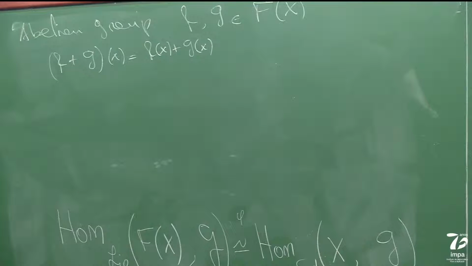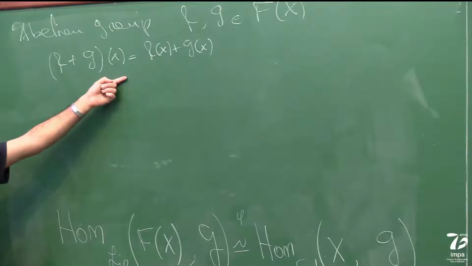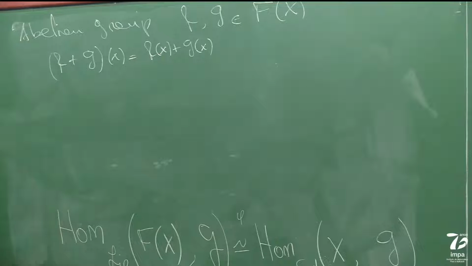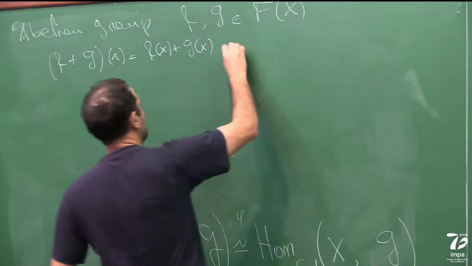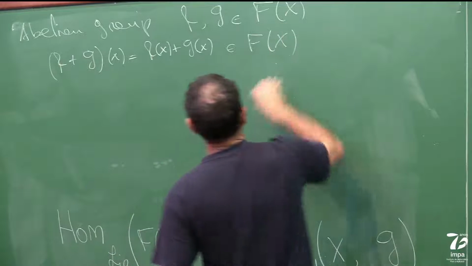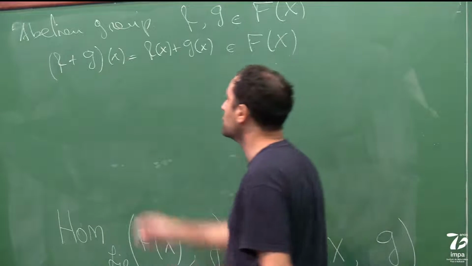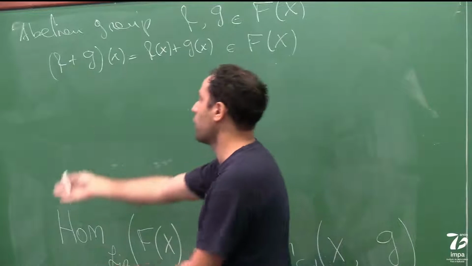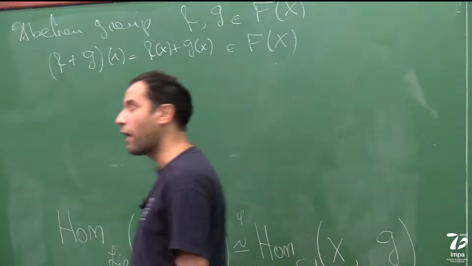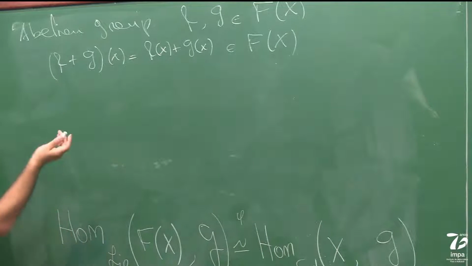And since for all but finitely many x's, f and g are both 0, then this thing is 0 for all but finitely many x's. So this is an element in F of X. Associativity, commutativity, and so forth, and the 0 function are obvious because they follow from the existence of the corresponding objects in R. So in particular, the 0 element of F of X is the function 0.